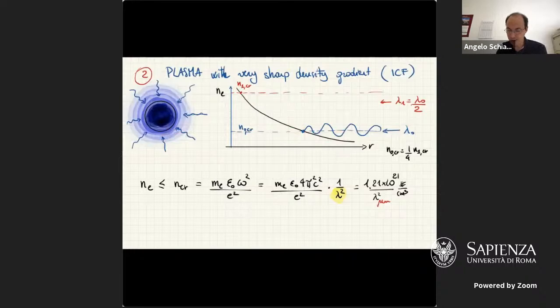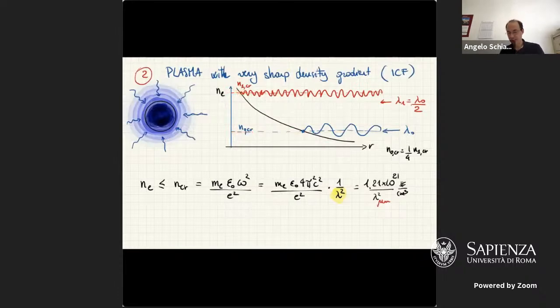If instead we send lambda 1, which has half of the wavelength, this radiation can propagate much deeper in the plasma, up to its own critical density, which is 4 times as large as the critical density.